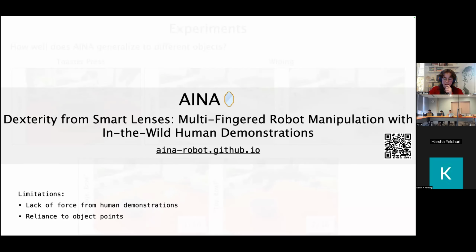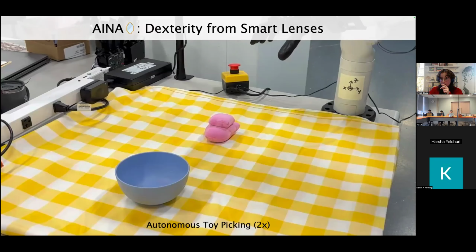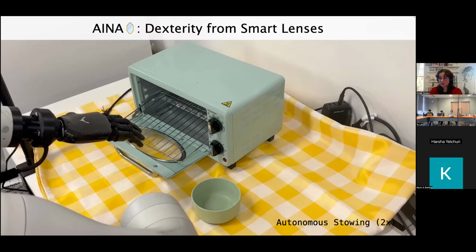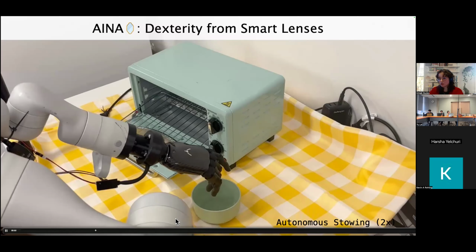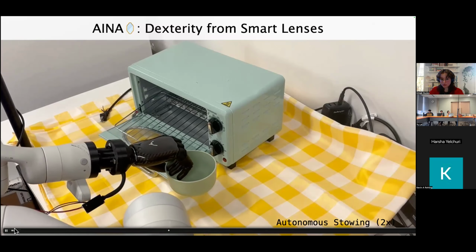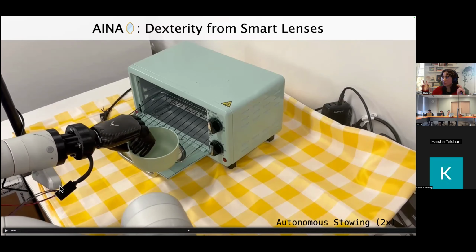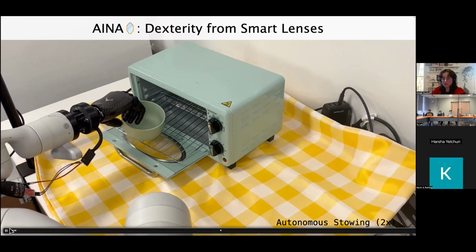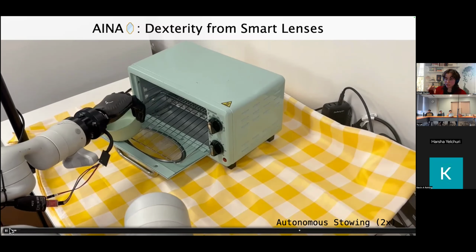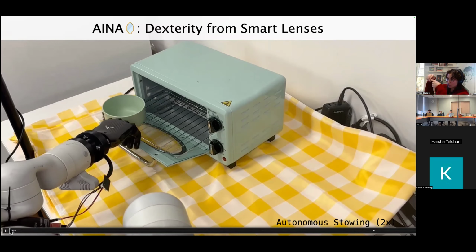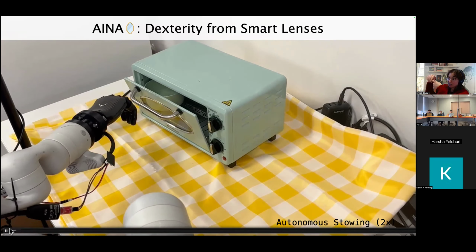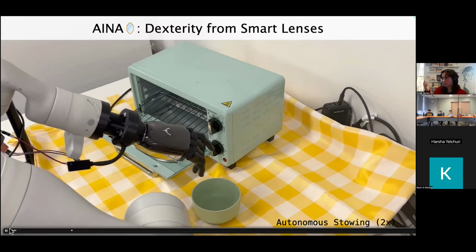For example, for some of the tasks I needed to do a heuristic deployment: if the fingertips were closer to each other than 3 centimeters, I would push the fingertips closer together in order for it to pick this ball up, because otherwise it would go to the ball but wouldn't grab it, since visual annotations are not enough.